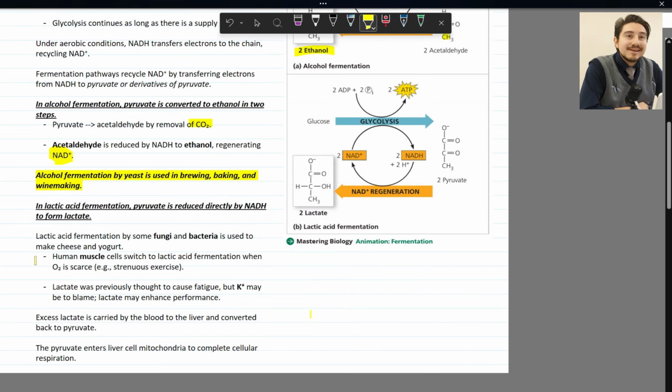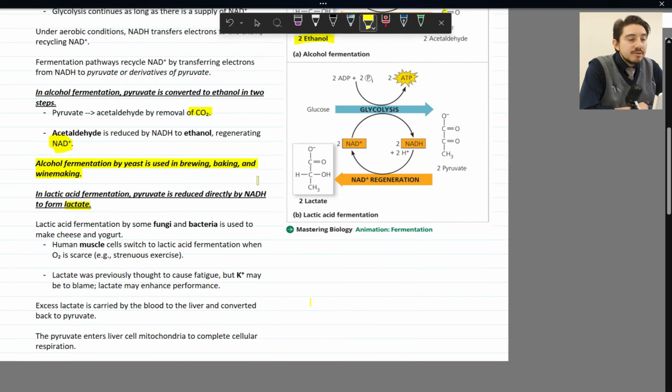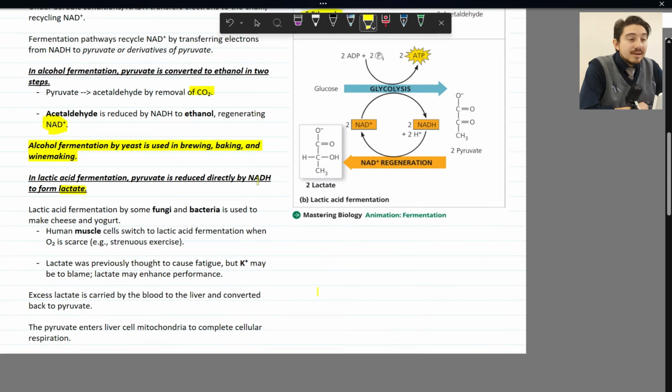Just glycolysis. Another form is lactic acid fermentation, in which pyruvate is reduced directly by NADH to form lactate. Lactic acid fermentation is done by some fungi and bacteria, and there are industrial applications for this to make cheese and yogurt and whatnot.